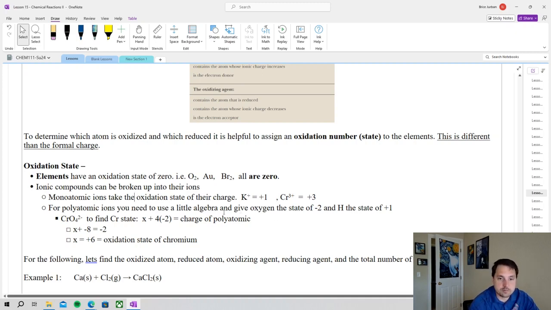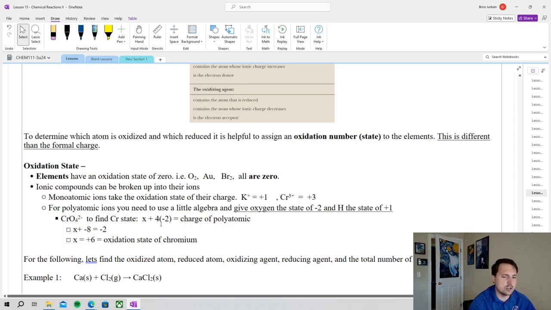And also, what we'll need to do for this is, because most polyatomic ions contain oxygen and hydrogen, we'll give oxygen the state of -2 and hydrogen the state of +1. So if we're looking at the chromate anion, CrO4 2-, to find the oxidation state of chromium, we'll set up an algebraic equation where X represents the oxidation state of chromium, and each of the oxygens has a -2 oxidation state.